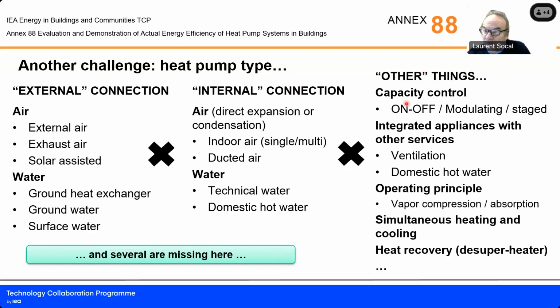And then you might introduce capacity control, integrated appliances with other services, the operating principle, vapor compression, absorption, simultaneous heating and cooling, and sometimes de-superheating to recover some heat at high temperature. So if you make all the possible combinations, you see something very various and different product data needed to characterize the machine.